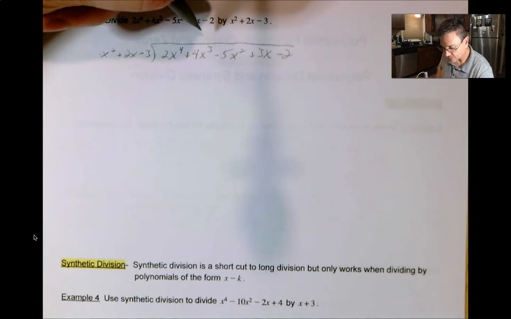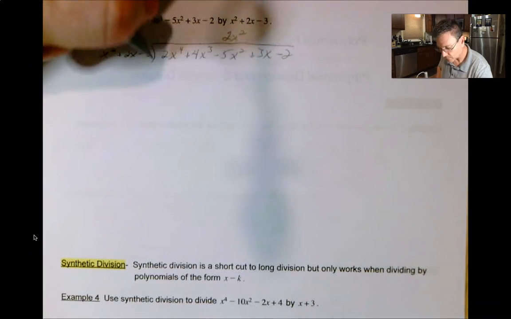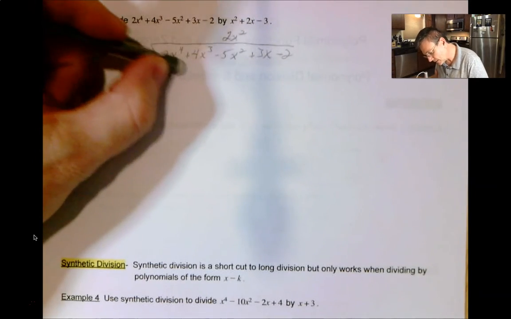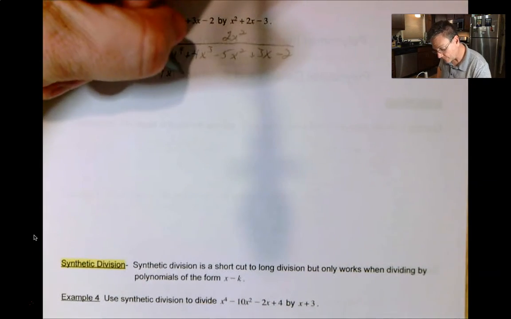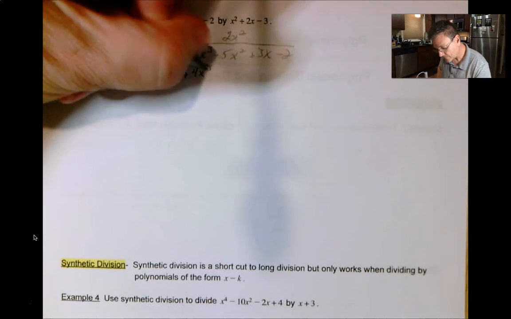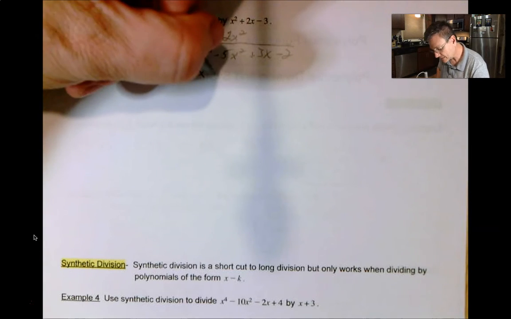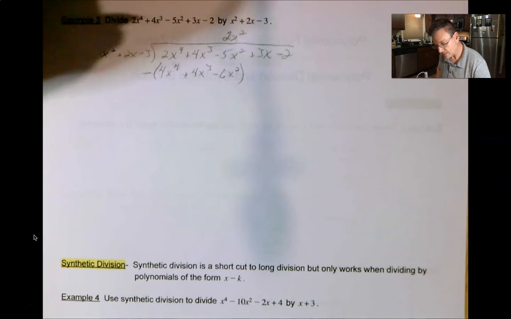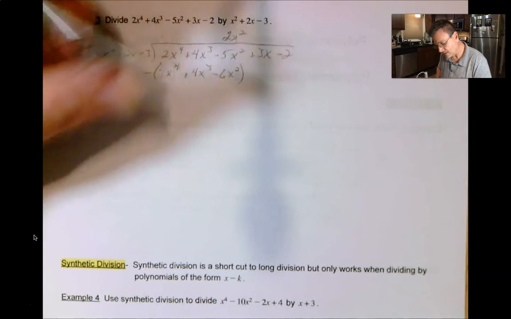We're going to multiply by 2x squared. That's going to give me 2x to the 4th. And 2x squared times 2x is going to be 4x cubed. 2x squared times negative 3 is minus 6x squared. Oh, I put the 4 in the wrong place. That's what confused me. That's a 2.